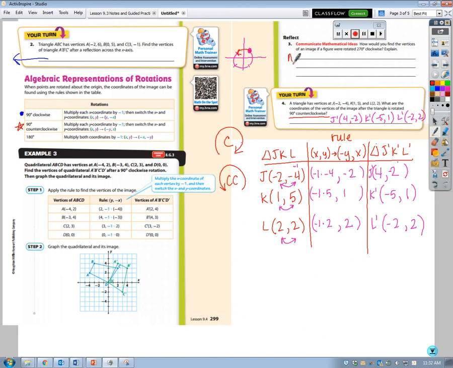And so I'm going to write a 270 degree clockwise rotation would produce the same result as a 90 degree counterclockwise rotation.